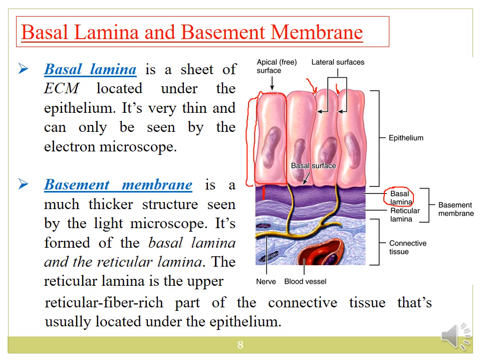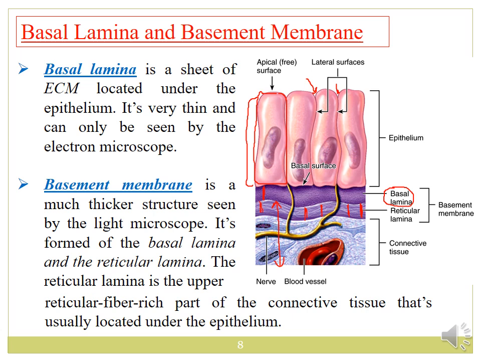As we have said, we have epithelium, we have basal lamina, and under the basal lamina, we usually have connective tissue. So this is connective tissue. The upper part of the connective tissue found under the epithelium, this part here, is rich in a type of fiber called reticular fiber.